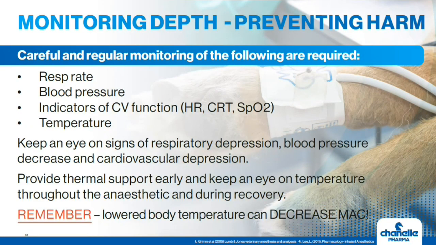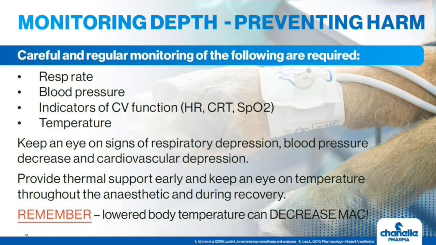As well as monitoring the signs of anaesthetic depth in the ways we've just discussed, careful and regular monitoring of the following are also required for every anaesthetic: respiratory rate, blood pressure, indicators of cardiovascular function such as heart rate, capillary refill time, and partial pressure of O2, and the temperature of the patient. It's very useful, I think, and I'm sure most people will do this in their anaesthetics, to keep a record of these on a chart.